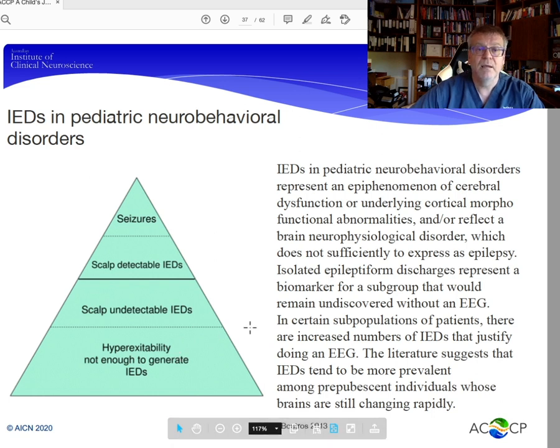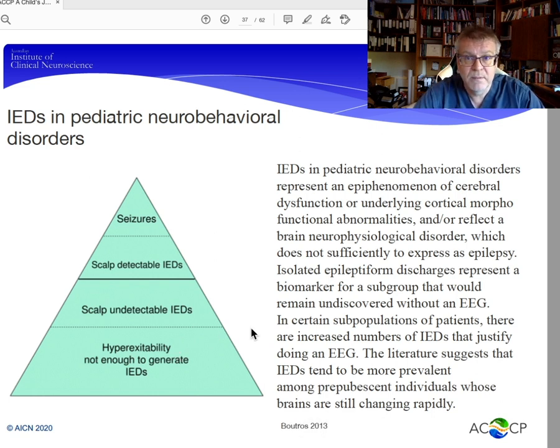Usually we can measure this. We can measure hyperexcitability that's not producing IEDs with an EEG. If we know how to read those head maps, we can identify those areas of hyperexcitability, even though they're not causing any kind of seizure disorder.